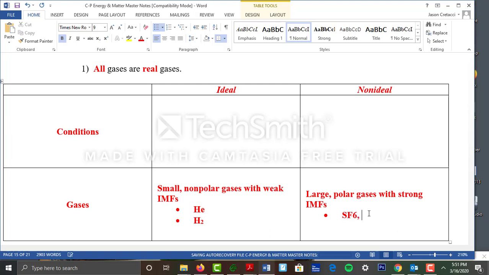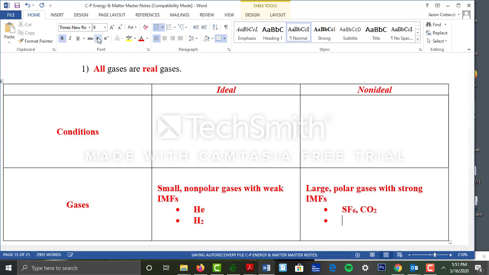And something like carbon dioxide. Carbon dioxide is no good because it's really big. Gases that have really strong attractive forces like NH3 or HCl. Those are polar molecules. They have really strong attractive forces. No good. Don't behave ideally.